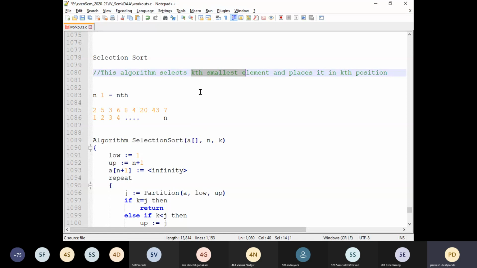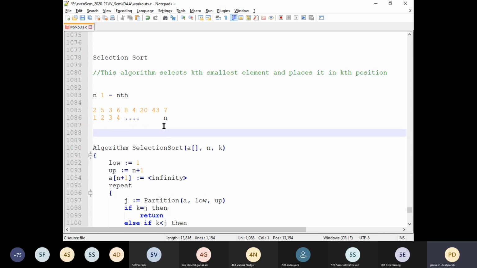Kth smallest element means, suppose among these elements I want to know which element would be at the 5th position. If I sort these elements in ascending order, I will definitely get a certain element at the 5th position. That position is fixed; that element will be positioned only at the 5th position after sorting is done.